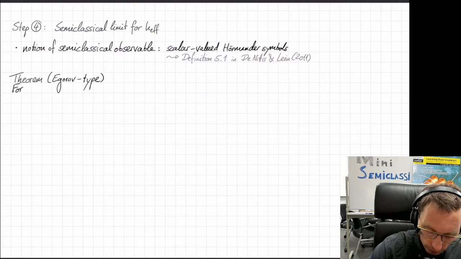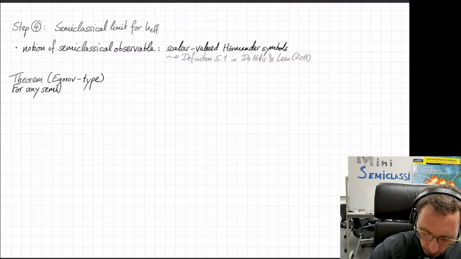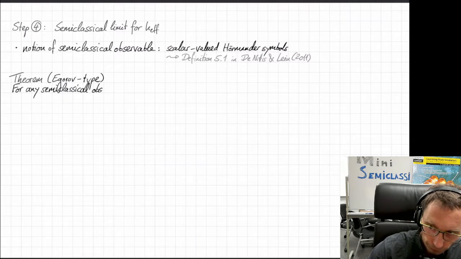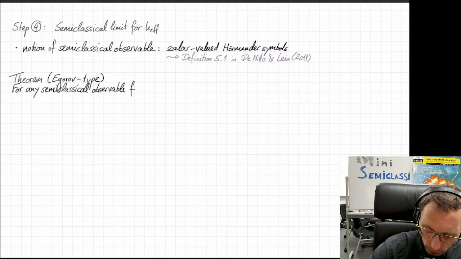But for any semi-classical observable F, the full quantum dynamics can be approximated by semi-classical equations of motion in the usual sense of an Egorov theorem.